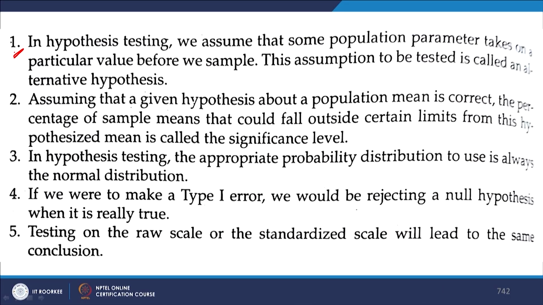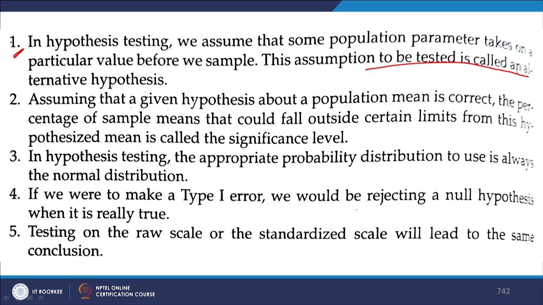In hypothesis testing, we assume that a population parameter takes on a particular value before we sample. This assumption to be tested is called an alternative hypothesis. What do you think?